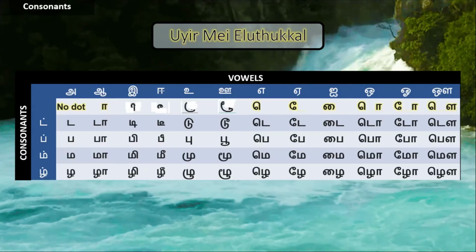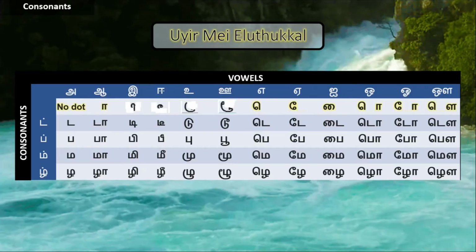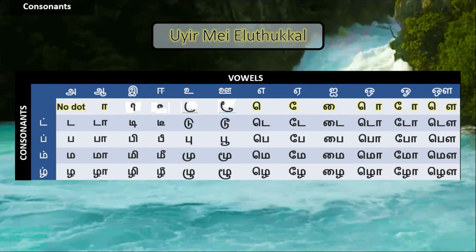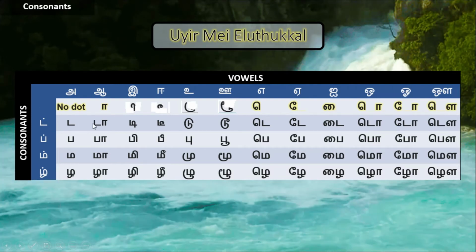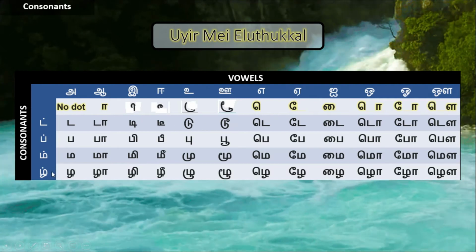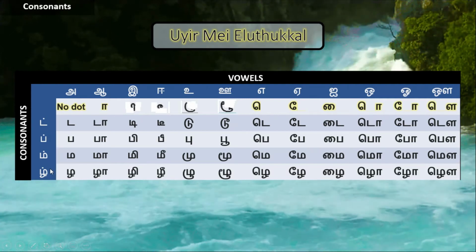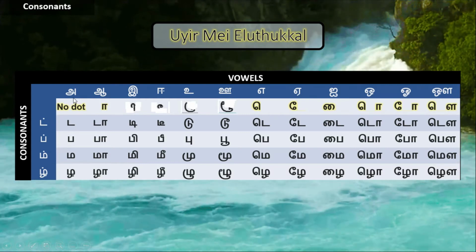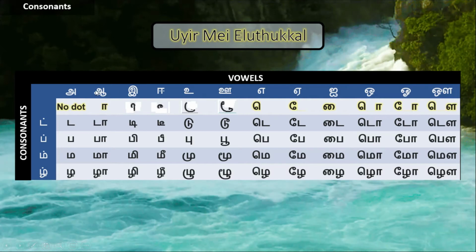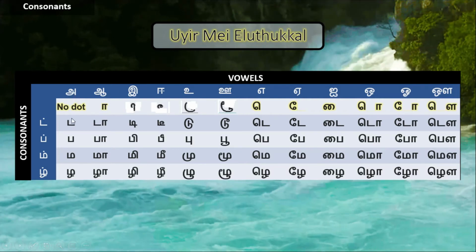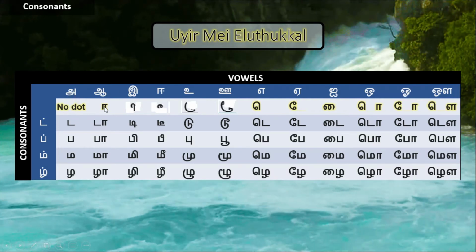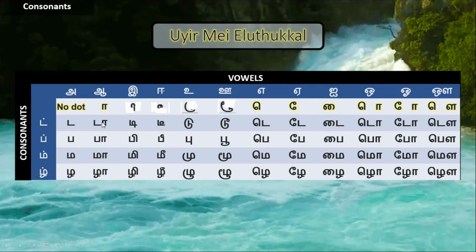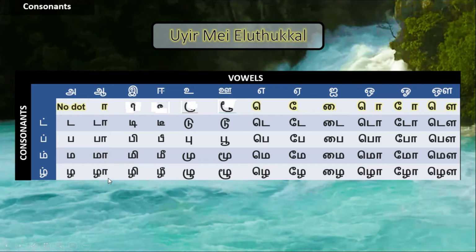Now we have the Uyirmai Eluthugal for the 5 consonants which we have already learnt in our previous videos. The 5 consonants are it, ip, im and il. We see when they combine with the vowel a, the dot is dropped and the tunaikal is suffixed to the letters.